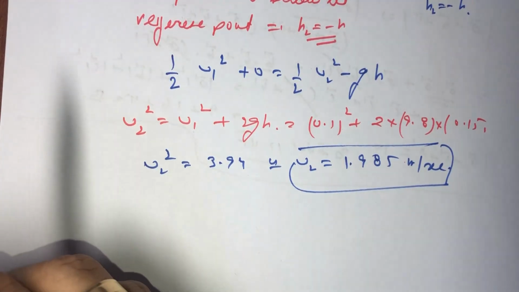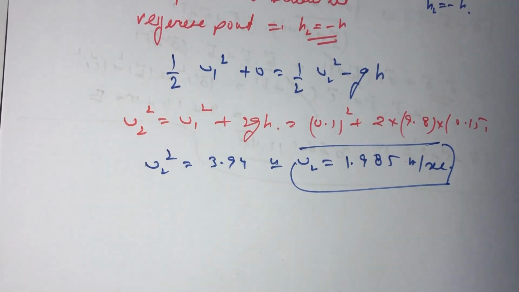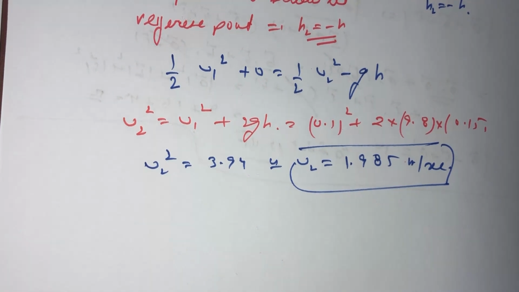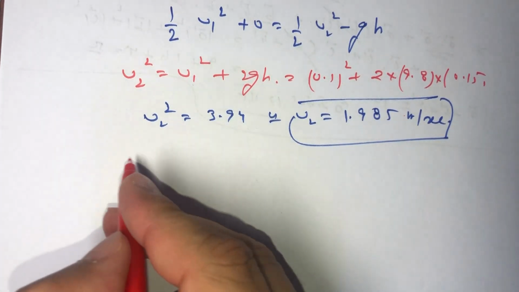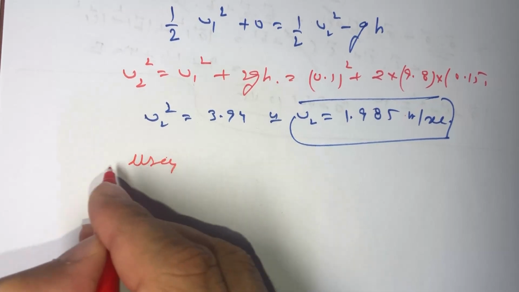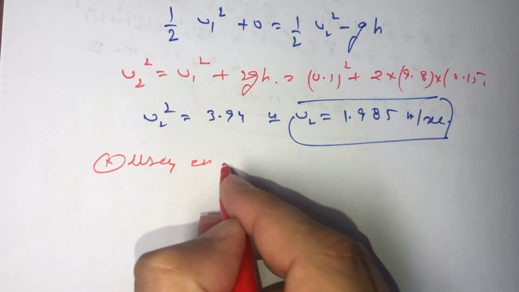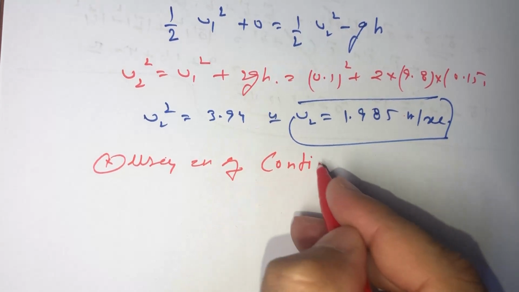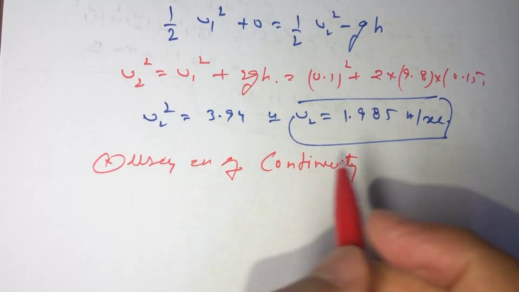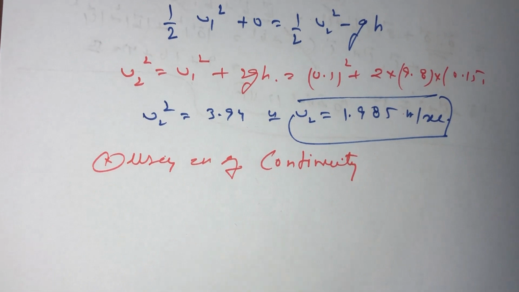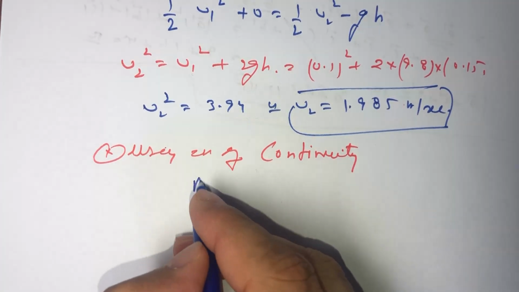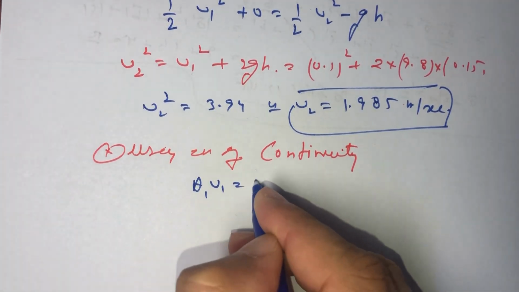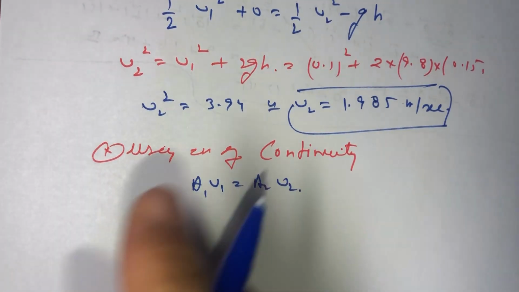Now we are going to use the equation of continuity to find out what will be the area of cross section. Using the equation of continuity, we state that A1 V1 is equal to A2 V2.